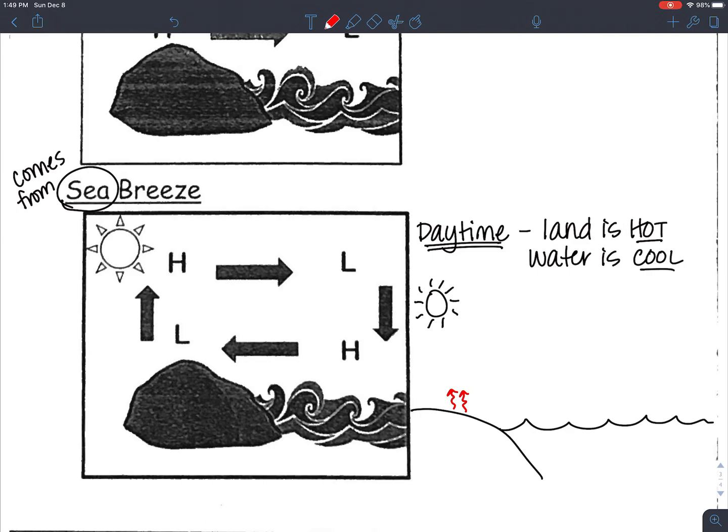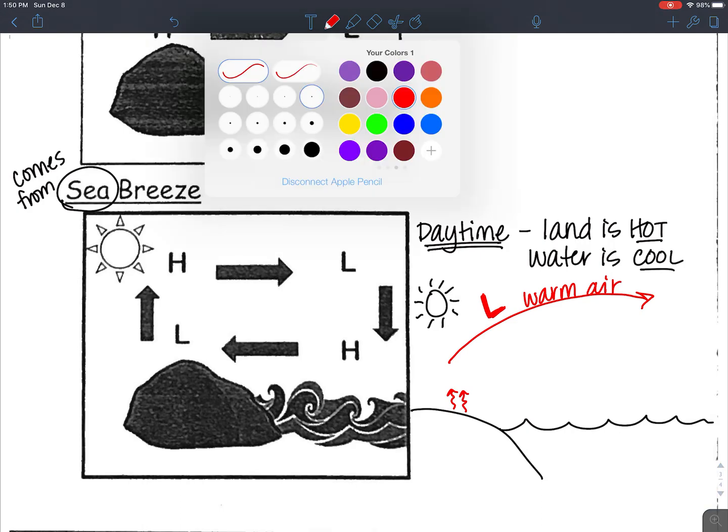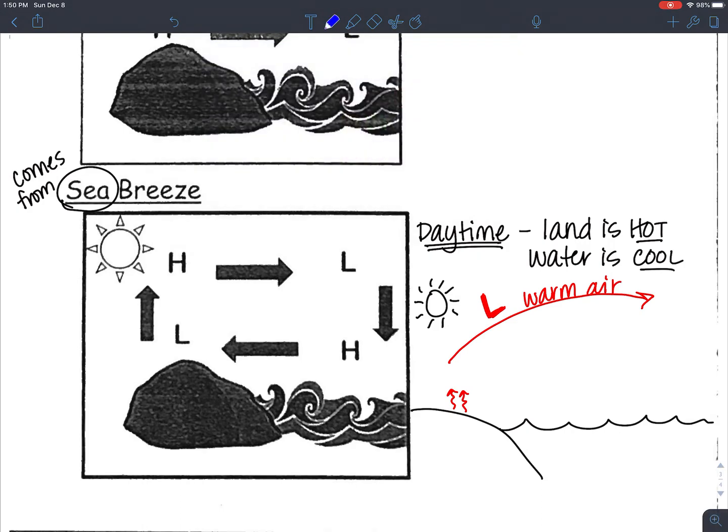And if the land becomes hot, what happens to the air above the land? Yeah, it's going to rise and heat up like this. Remember that this is low pressure. So I'm going to write an L and then I'm going to write warm air. As that air starts to get over the cool water, what do you think that air is going to do?